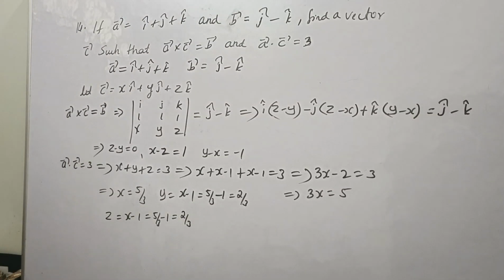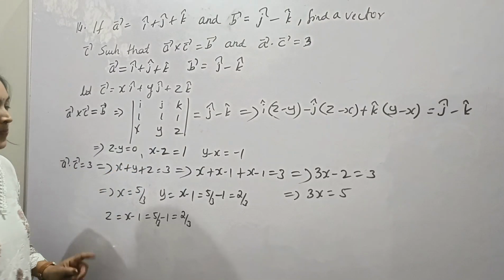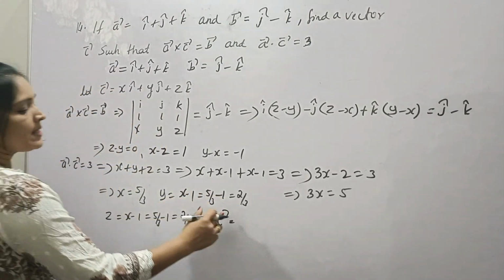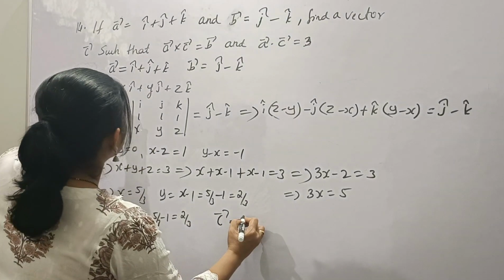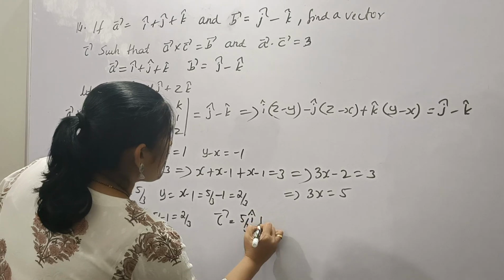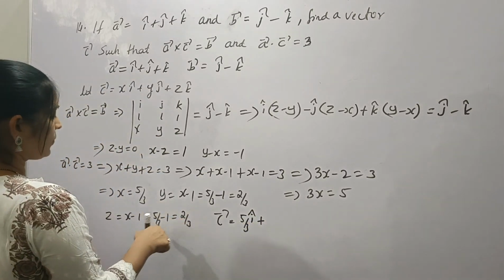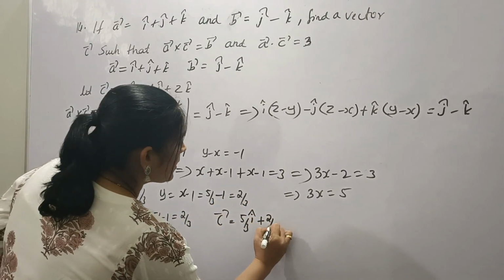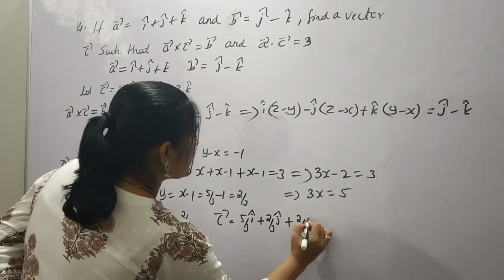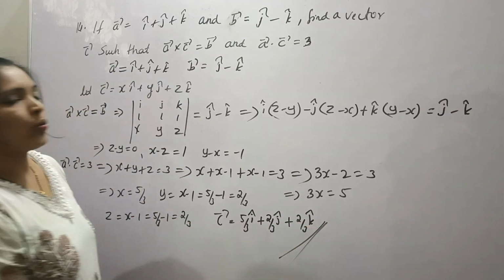Now we have got the values of x, y and z. Then what is vector C? The required vector C is equal to xi, where x is 5 by 3, i, plus y is 2 by 3, j, plus 2 by 3 k. So it is the required vector.